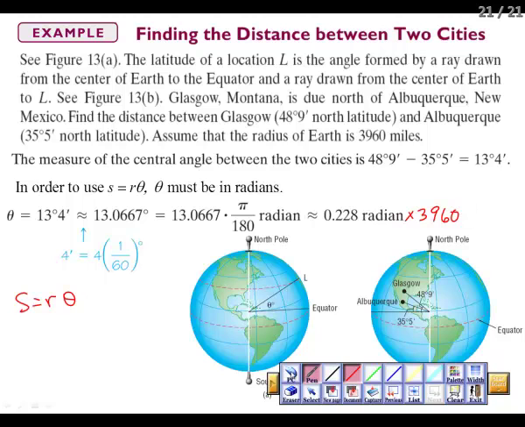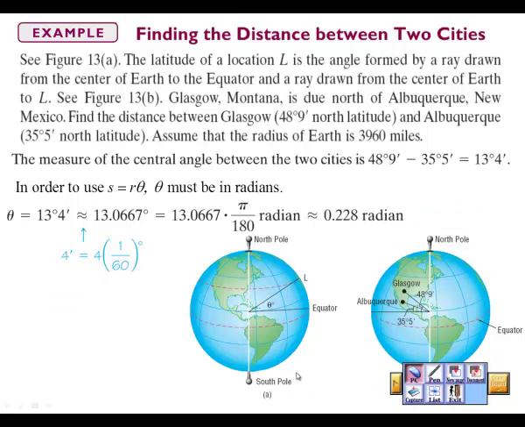And so when we do that, we're going to get 903 miles between Albuquerque and Glasgow. Okay, because the 13 degrees was the degree distance between the two.